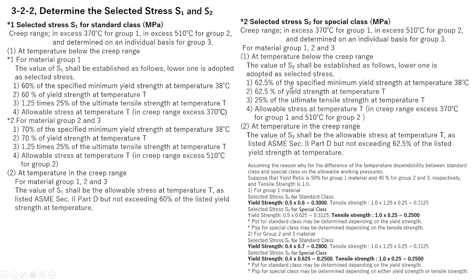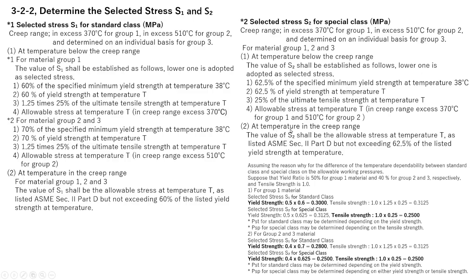62.5% of the specified minimum yield strength at temperature 38 degrees Celsius. 62.5% of yield strength at temperature T. 25% of the ultimate tensile strength at temperature T. Allowable stress at temperature T in the creep range, in excess of 370 degrees Celsius for group 1 and 510 degrees Celsius for group 2.